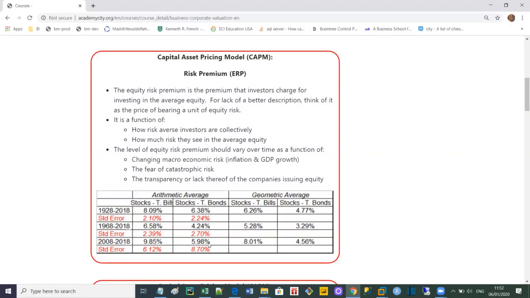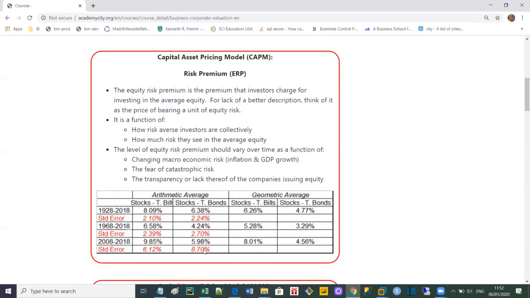So one, we see that the period we take for this calculation affects the results. Moreover, and much more serious, is looking at the standard deviation. The standard deviation, even for a long period from 1928 to 2018, is 2.24, which makes the estimate of 6.38 not that reliable, because the standard deviation is so high.